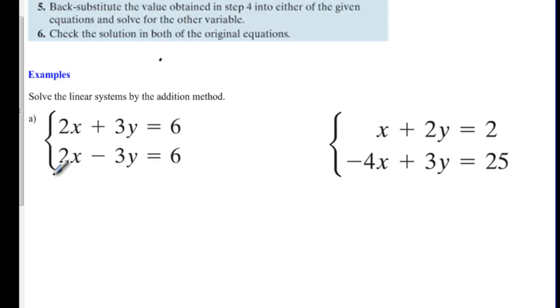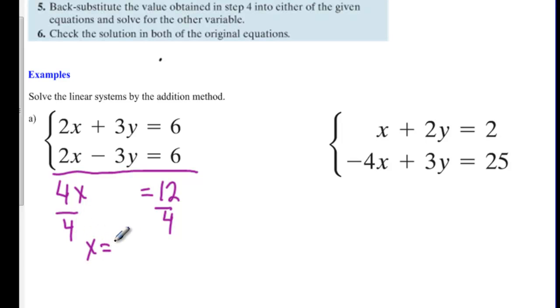So we get 4x, because 2x plus 2x. The 3y minus 3y gives us nothing, equals, and then 6 plus 6 gives us 12. So now we've got 4x equals 12. Divide both sides by 4, and we get x equals 3.